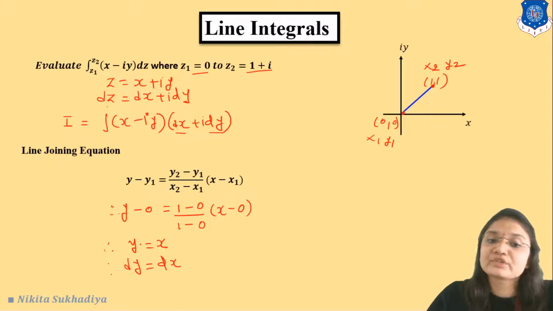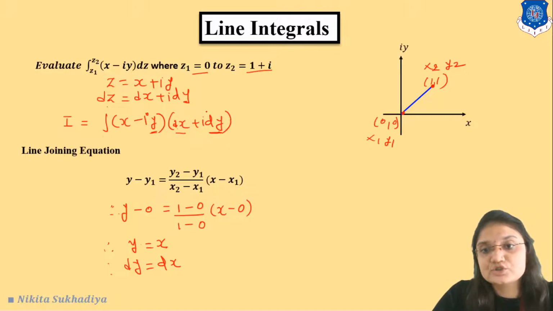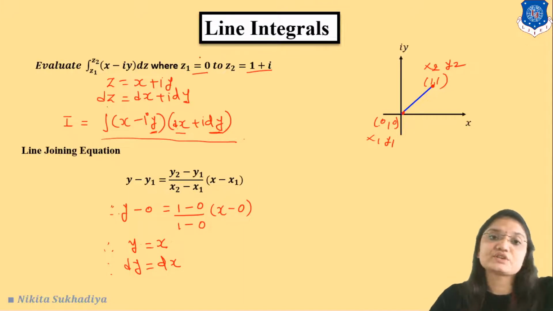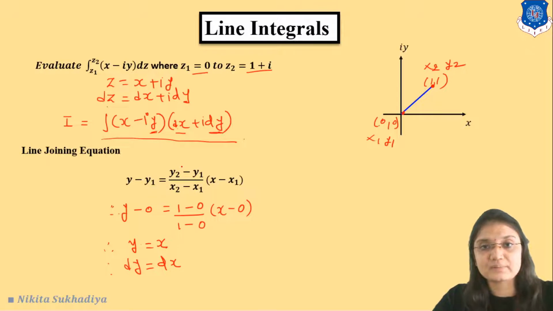Now put y equal to x and dy equal to dx. Now you will get an integration with respect to x. By taking the limit of x from 0 to 1, you can easily solve this integration. So this is the basic understanding of this type of example. By using the line joining equation you can easily evaluate this complex integration.